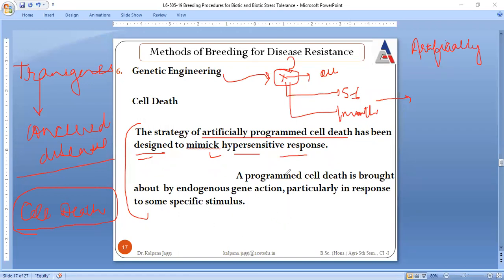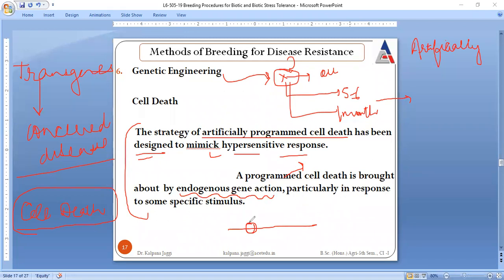But how can this programmed cell death be induced? It is brought about by a gene action, and that gene action is endogenous, that means within the gene. If there is a gene, then within the gene there is a certain promoter that will lead to quick cell death.